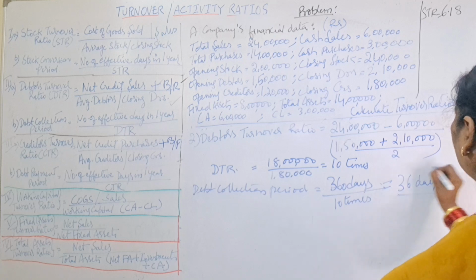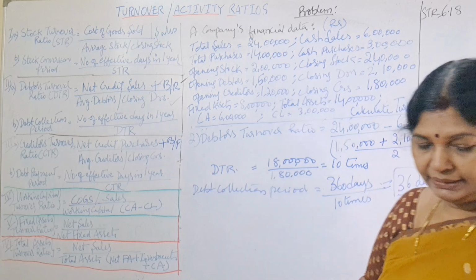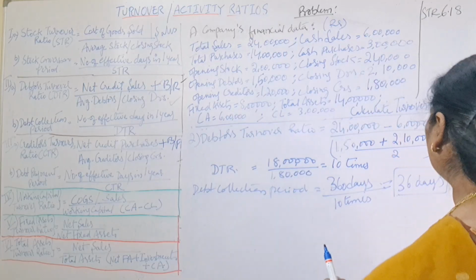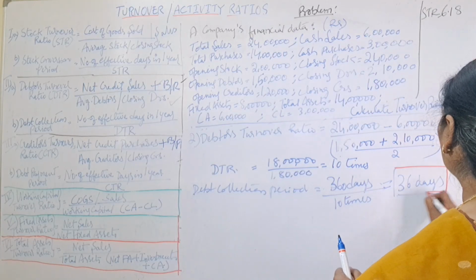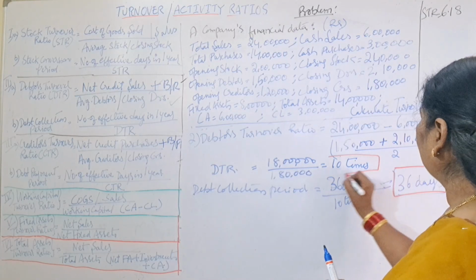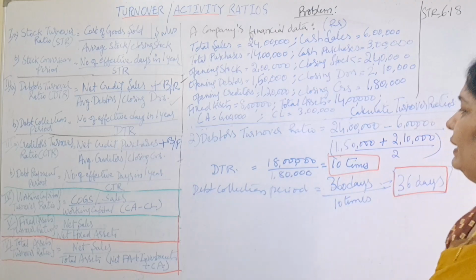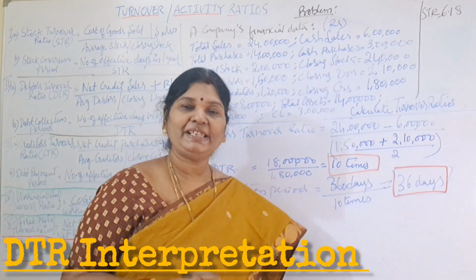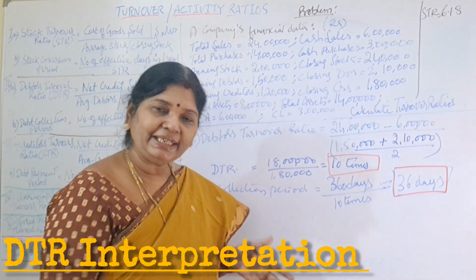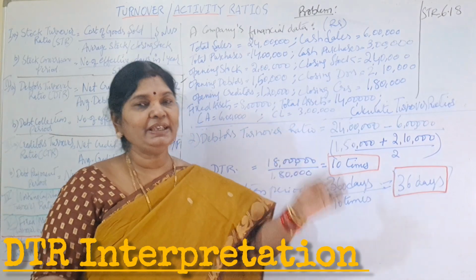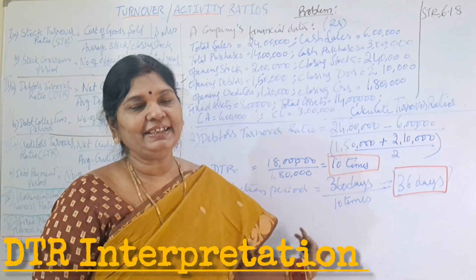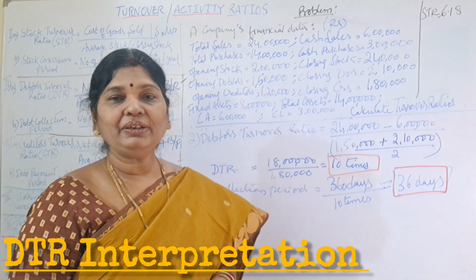That means for every 36 days we can collect our debts. So this shows that the company has an effective credit policy and is able to collect its debts very quickly, and this will definitely avoid bad debts. So this is the interpretation of debtors turnover ratio.